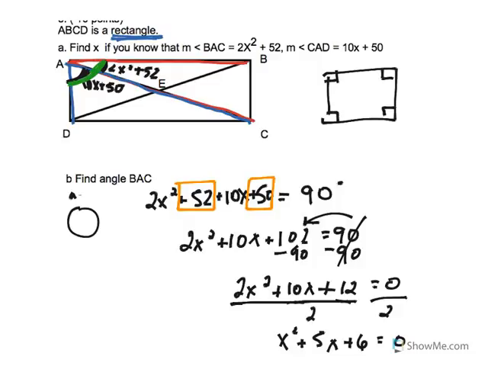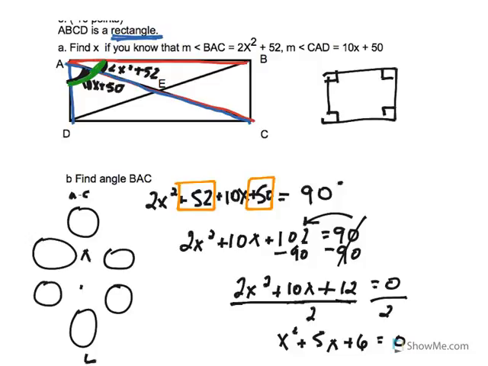We have a times c, b. Okay. So b is 5, a times c is 6. I get 3 and 2 here.